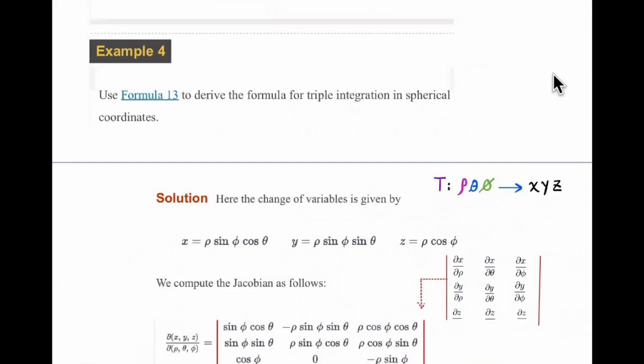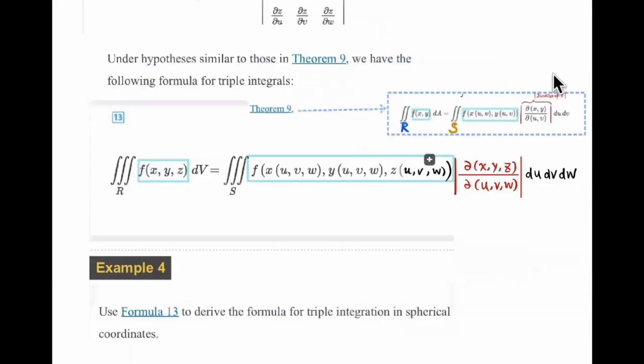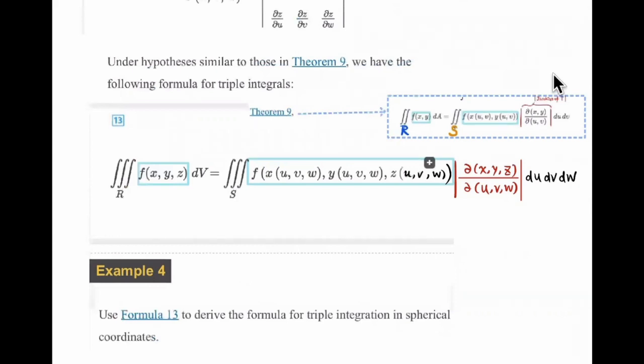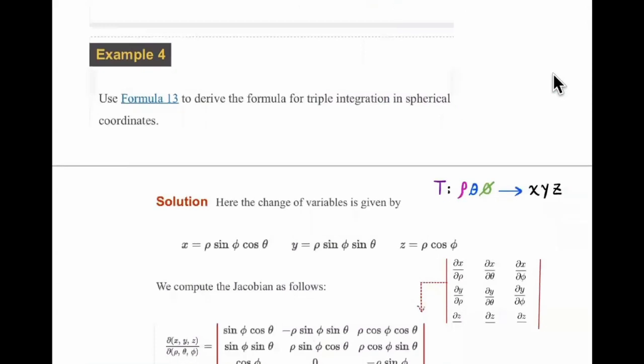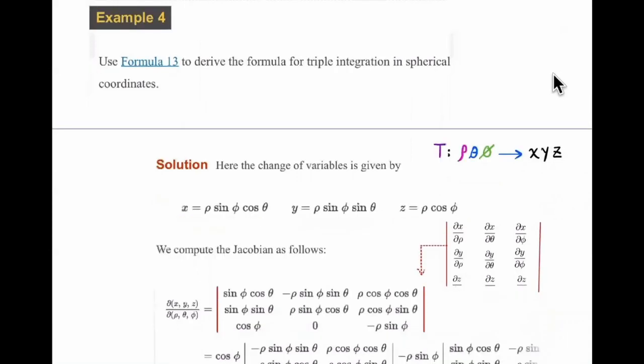Now just one more example to see how we use this change of variables in a triple integral. In this example, we're given this change of variables, and it defines this transformation from rho theta phi coordinates to xyz coordinate system.